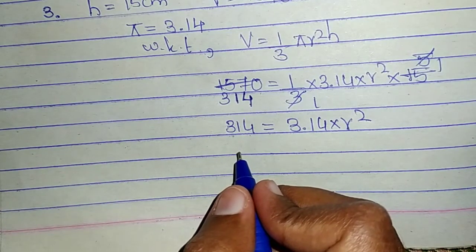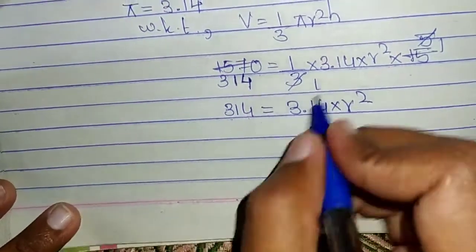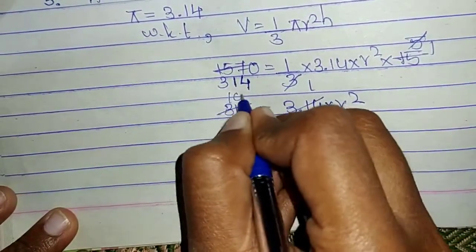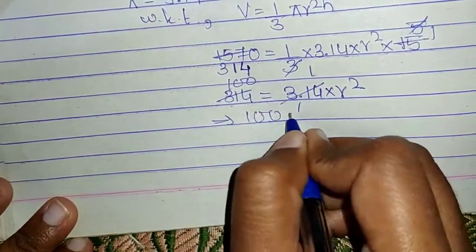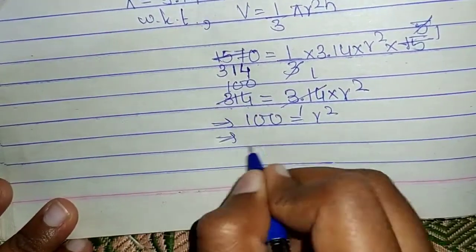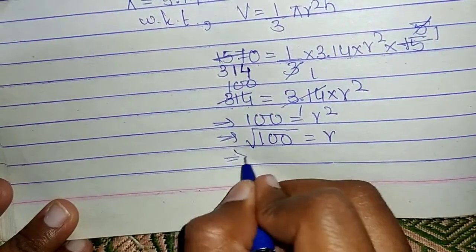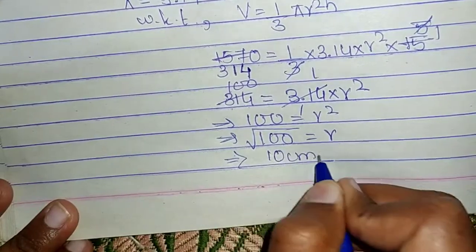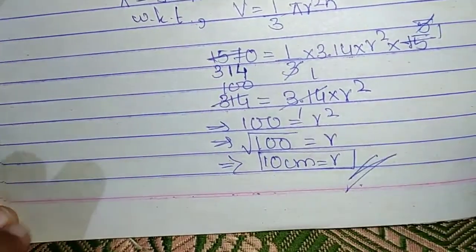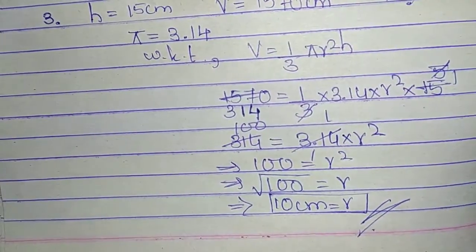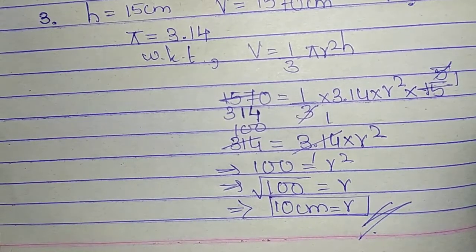So 314 divided by 3.14 is equal to 100. So 100 is equal to r square. Taking the square root, root of 100 is equal to r. So root of 100 is nothing but 10 centimeter, is equal to r. This is the solution to the given question. The radius of the base of the cone is equal to 10 centimeters.